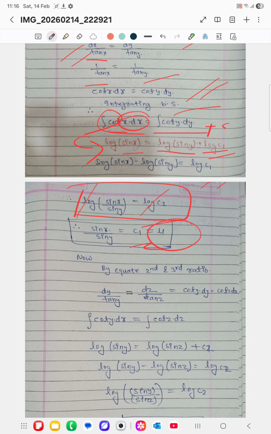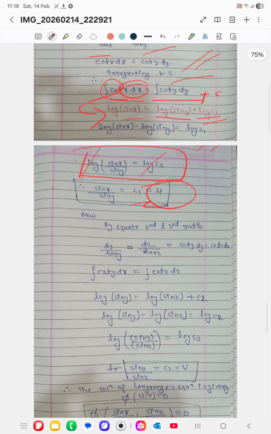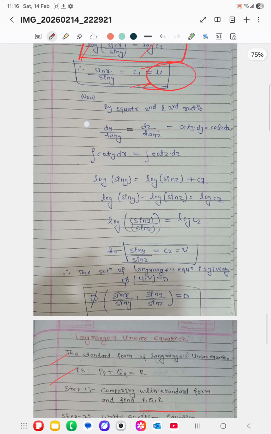Okay, and now we have to find v. So for finding v, equate just the second and third ratios. Okay, so from here, from the second and third ratios, we find cot y into dy is equal to cot z dz. Okay, and now integrate this term.